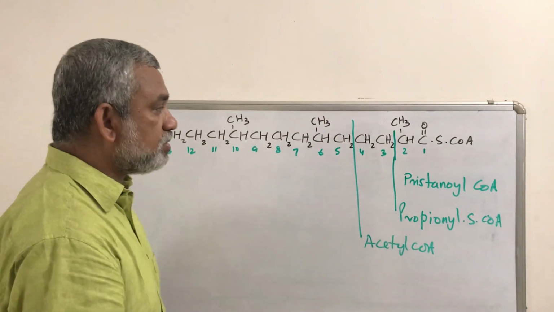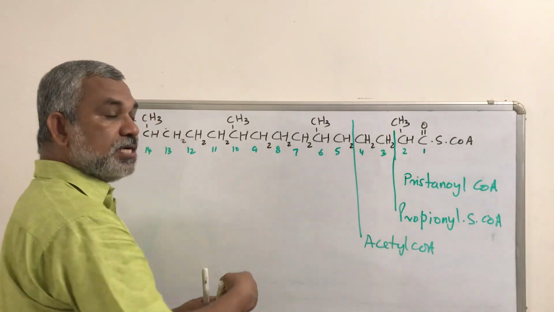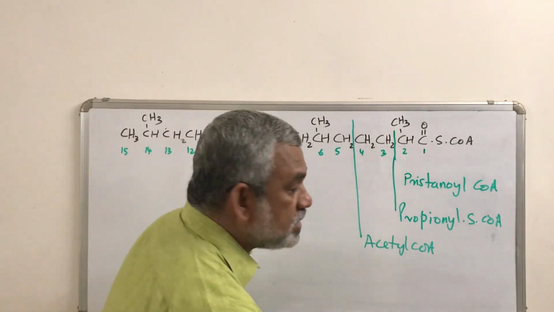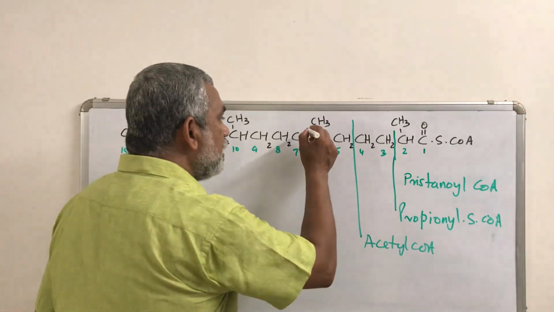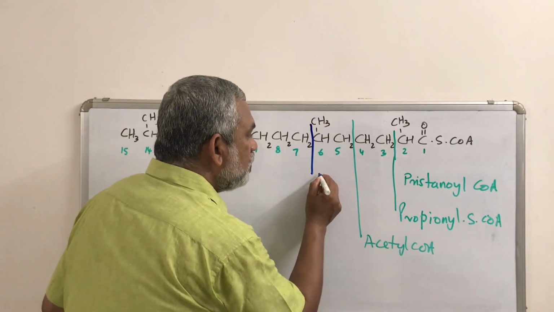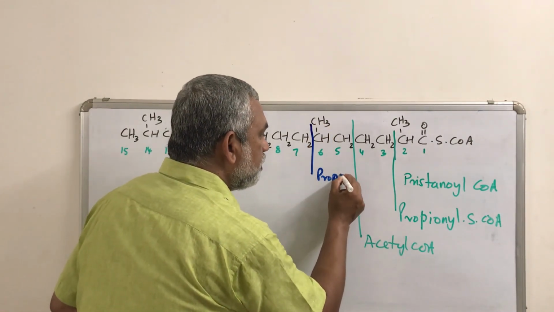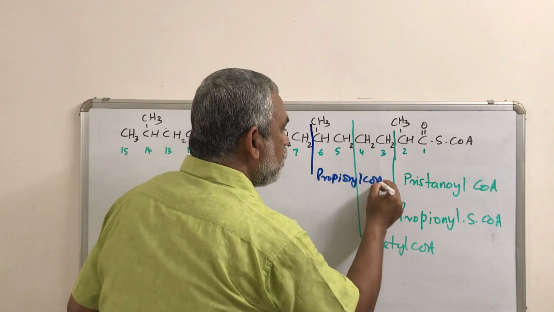But when it comes to the third round, once more it is a 3-carbon unit, and this will be removed as a propionyl-CoA.